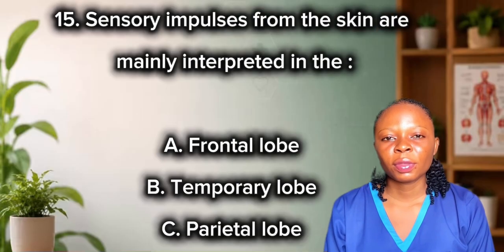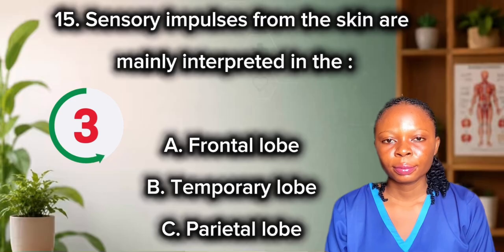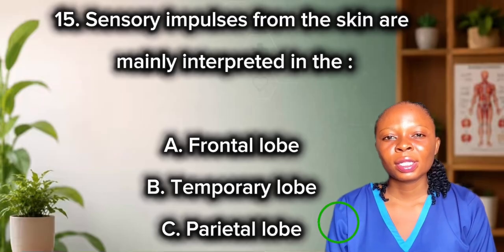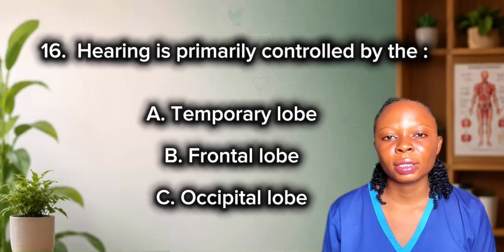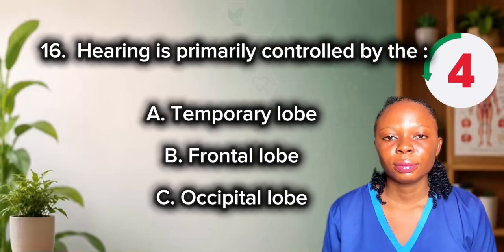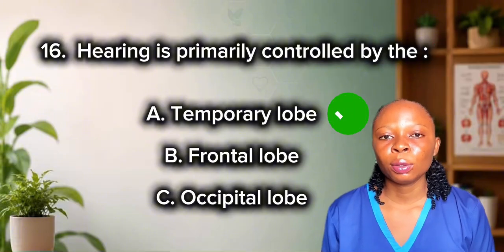Sensory impulses from the skin are mainly interpreted in the parietal lobe. Hearing is primarily controlled by the temporal lobe.